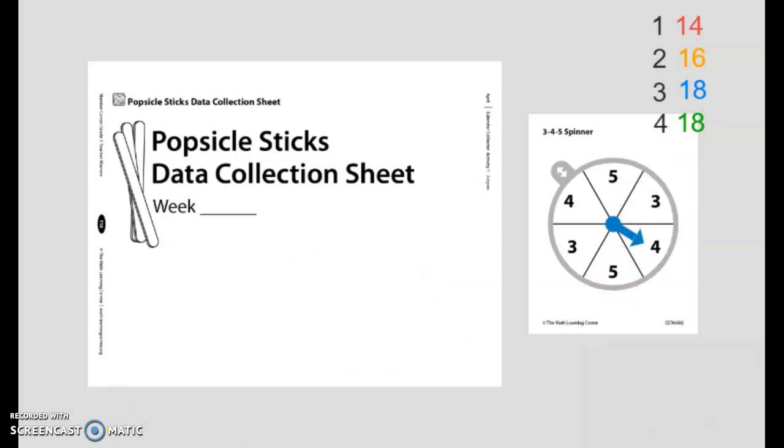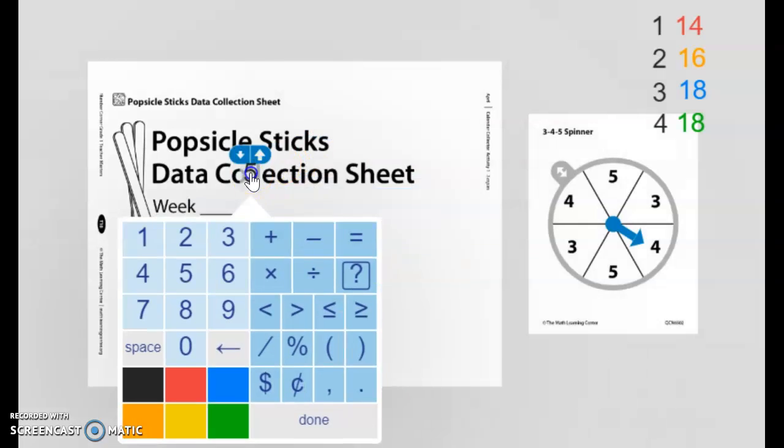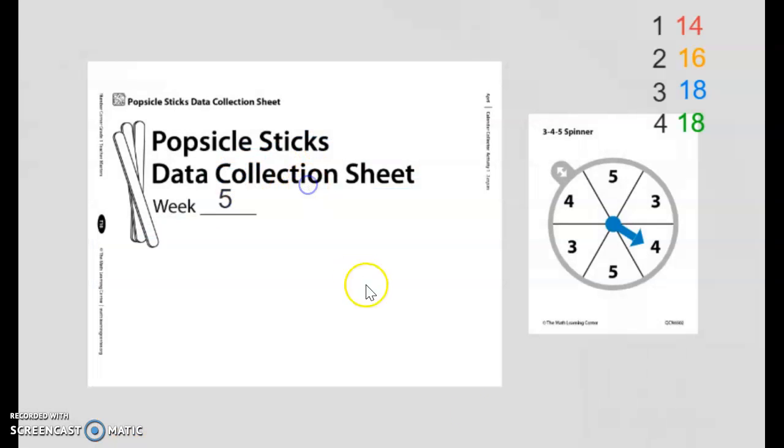So, we need to pick color. I'm going to pick blue. All right, let's spin, spin, spin. But before we do that, we need to put a week 5. Here we go. Ooh, we got a line. Let's spin again. 3.